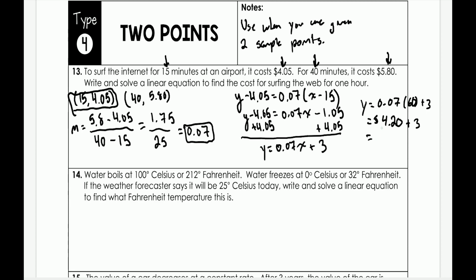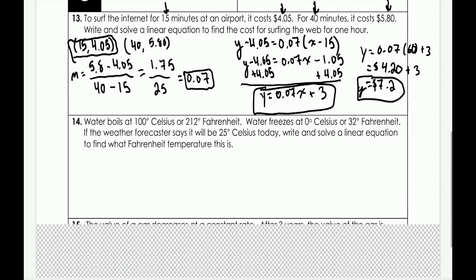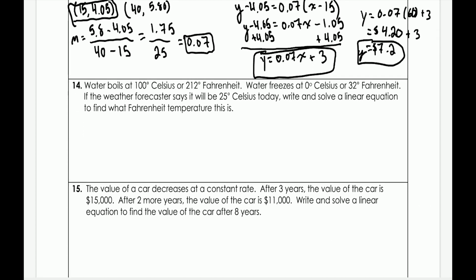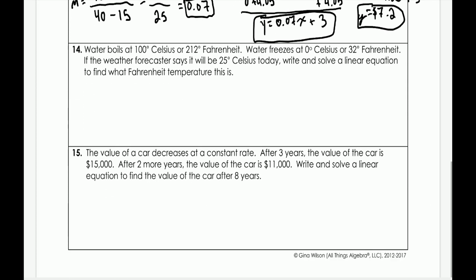And if we take 4.2 plus 3, that would be 7.2. So in other words, for an hour, they're charging you $7.20. So this was the equation that we discovered, and this was the answer to the question. Okay?